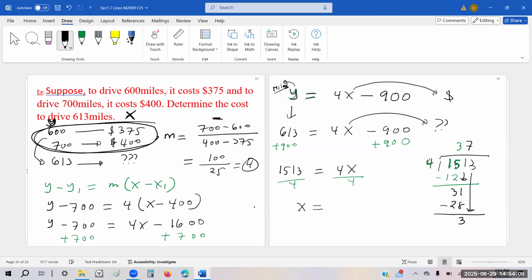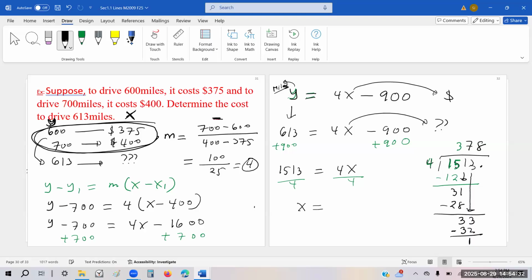We bring this down now. We have 33. 4 goes into 33 how many times? 8. 4 times 8 is 32. We get 1. But since we're dealing with money, we have to go to the decimal.